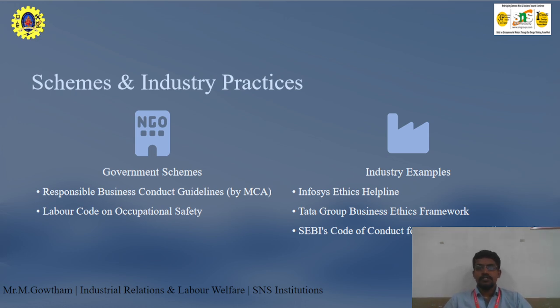The first thing is the business responsibility guidelines we should know, given by the Ministry of Corporate Affairs. The next is the labor code and occupational safety. Based on that, the labor code gives certain guidelines we should follow.